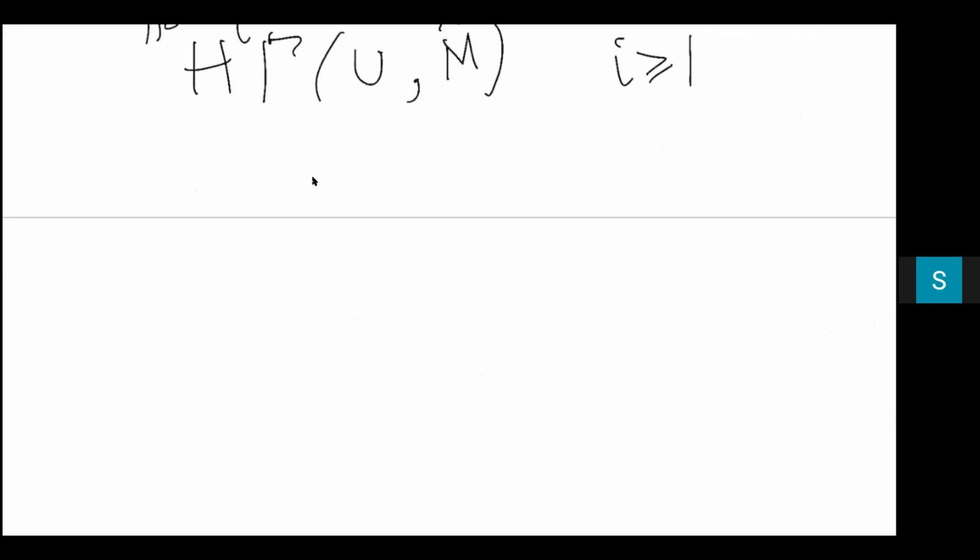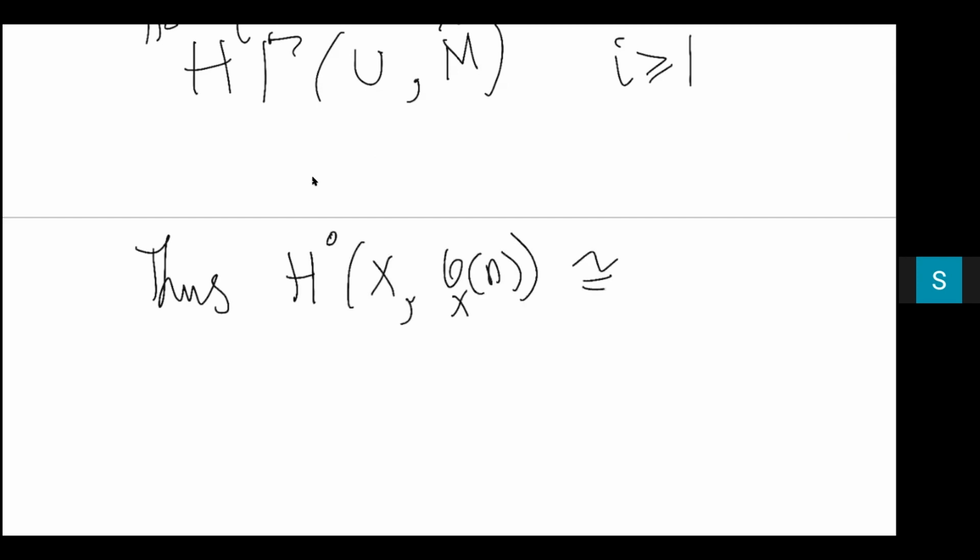So finally, H^0(X, O_X(n)) is isomorphic to R_n, the nth degree part.